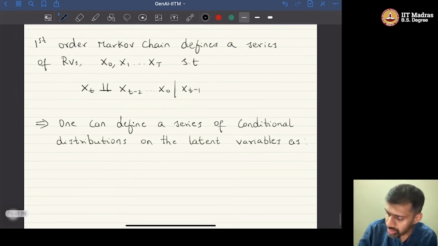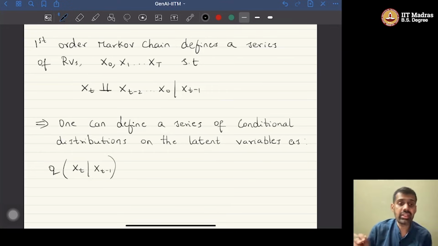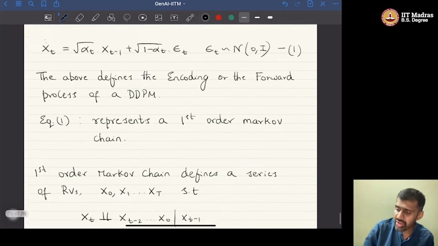Let us define that as Q because it is the encoding process and we have been using the notation Q for the encoding process. So Q of xt given xt minus 1. Please note that the random variable at time t only depends on t minus 1, and is independent of everything else. How do we define this? We'll define that by the definition here.